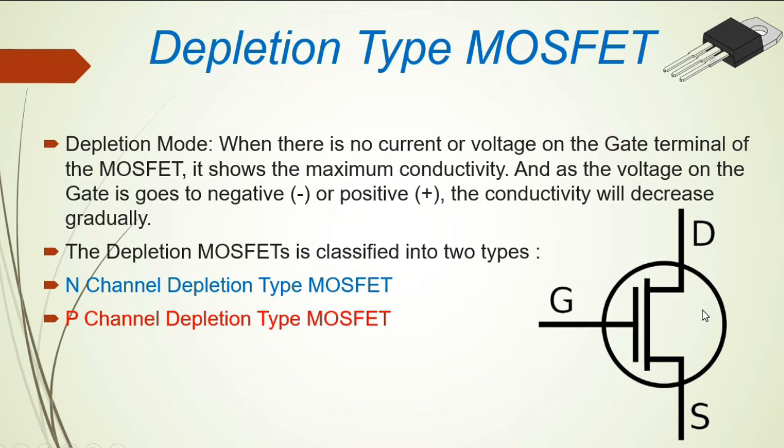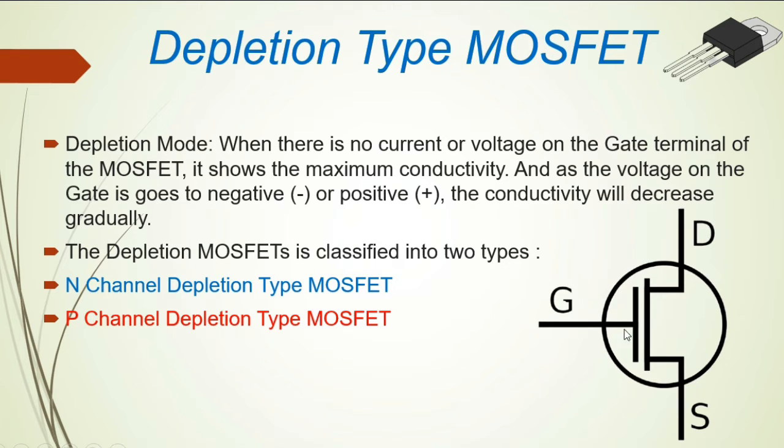type of MOSFET. And as the voltage on the gate goes negative or positive, the conductivity will decrease gradually. So if the voltage here is absent completely, we will get conductivity between drain and source.